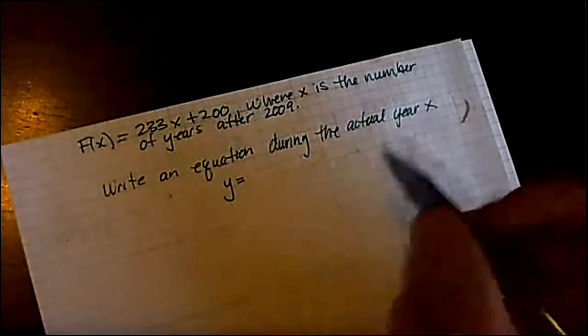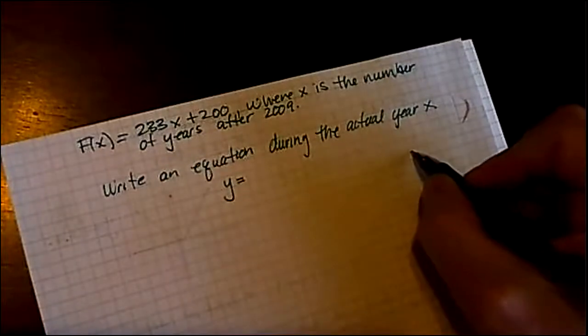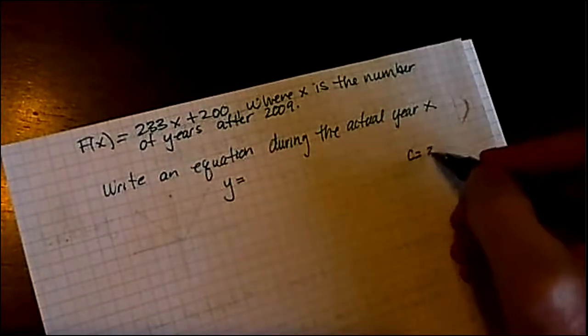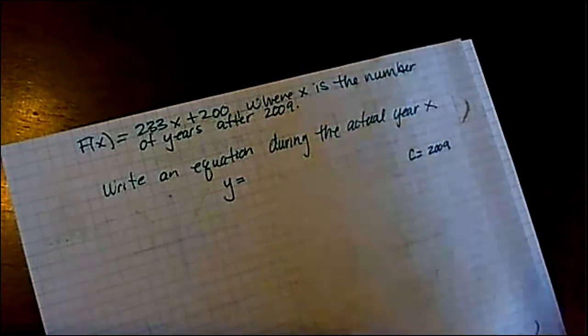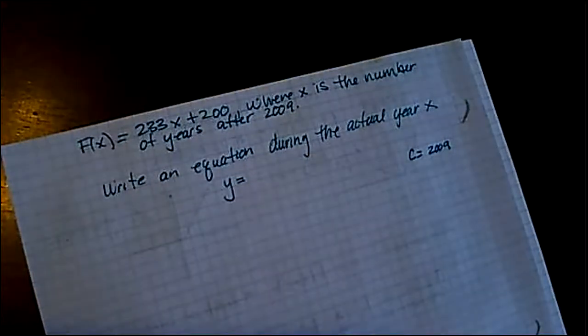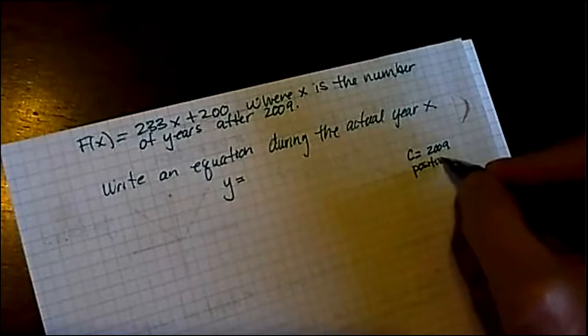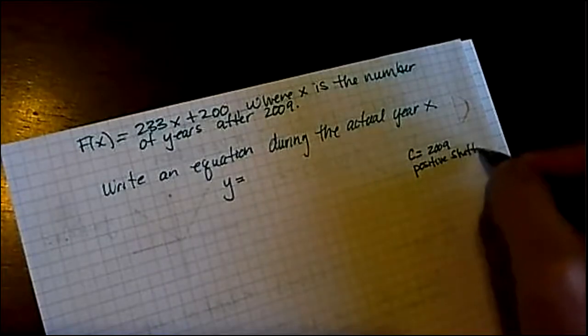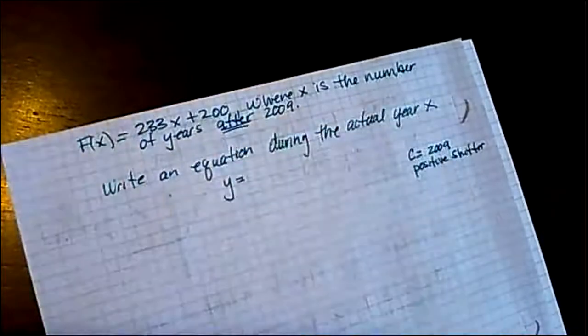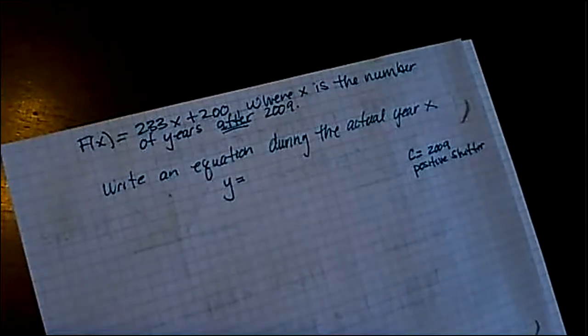So that means our C, I'll just write that over here, C is going to equal 2009. And if it's after, that means 2010, 2011, 2012. So would you agree it's a positive shift? That's going to be a positive shift because it says after. That's the key word, after 2009. So it's a positive shift.